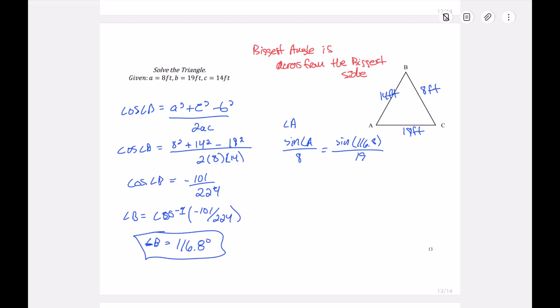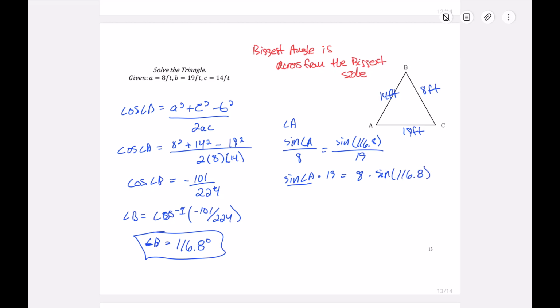If we cross multiply, we get sine of angle A times 19 is equal to 8 times sine of 116.8.